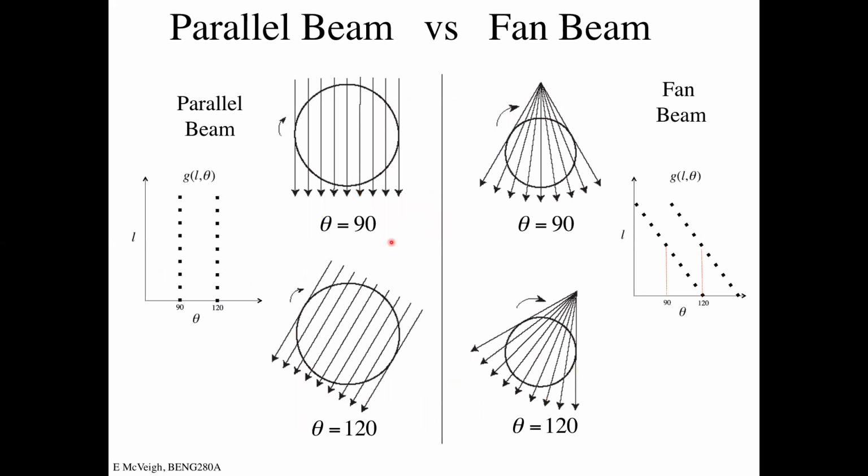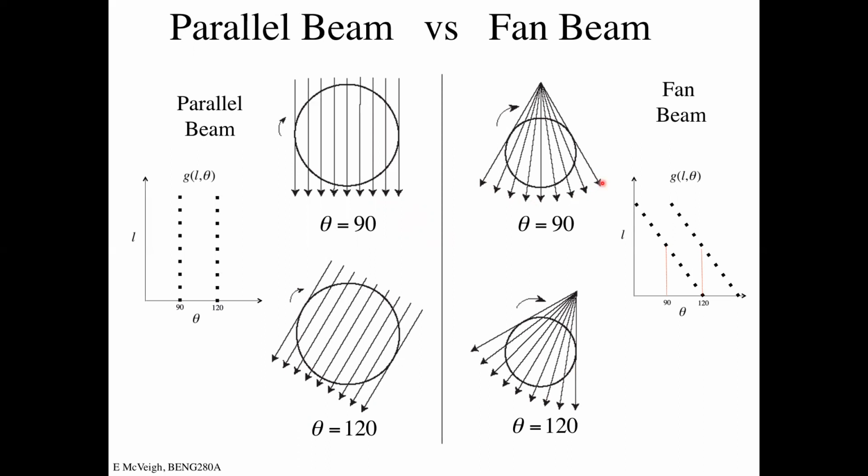We talked about the difference between having a parallel set of X-rays for one acquisition on my detector versus what actually happens, which is a point source of X-rays which fan out over an angle of about 45 to 50 degrees. And so during the collection of data on our sampling grid, we have many different thetas being sampled simultaneously.